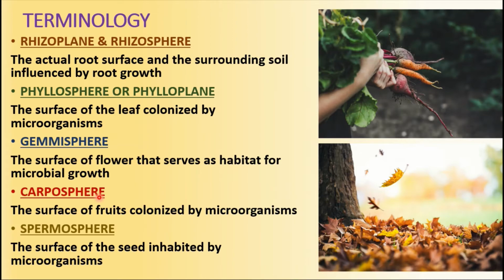Then carposphere: the surface of fruits colonized by microorganisms is termed the carposphere. Then what is the spermosphere? The surface of the seed inhabited by microorganisms is called the spermosphere.